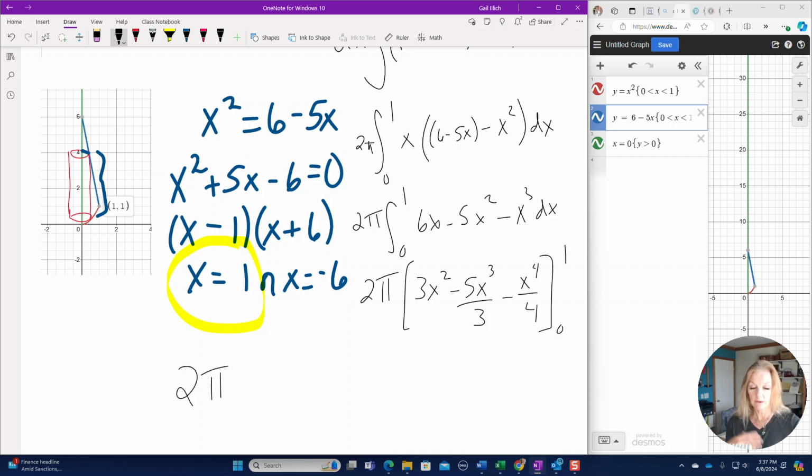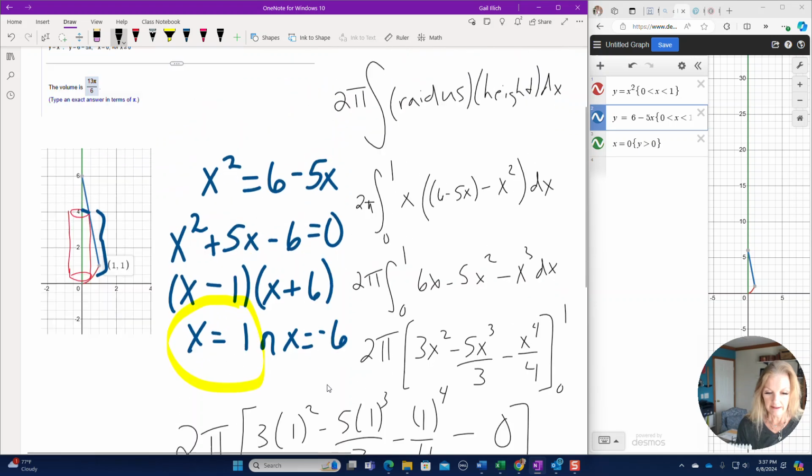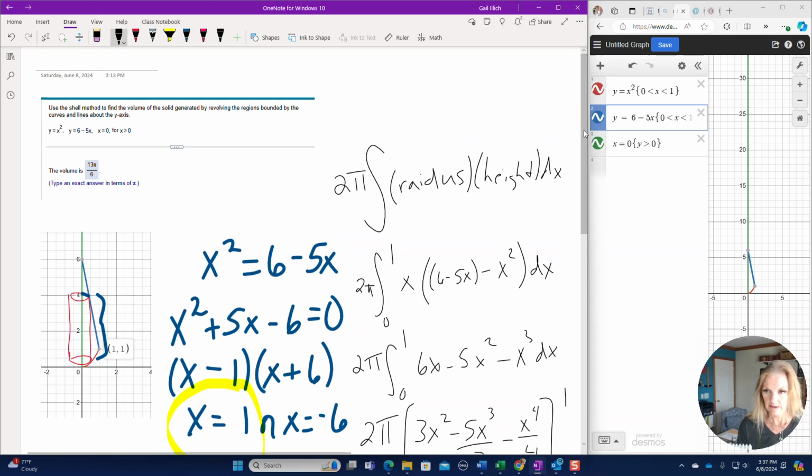Fortunately, we go from 0 to 1, so when we plug in 0, we're going to get 0. But this will be 3 times 1 squared, minus 5 times 1 cubed over 3, these are nice numbers to have to do by hand, aren't they, and then minus 1 to the 4th over 4. When I plug in 0 in each of those, I'll just get 0.